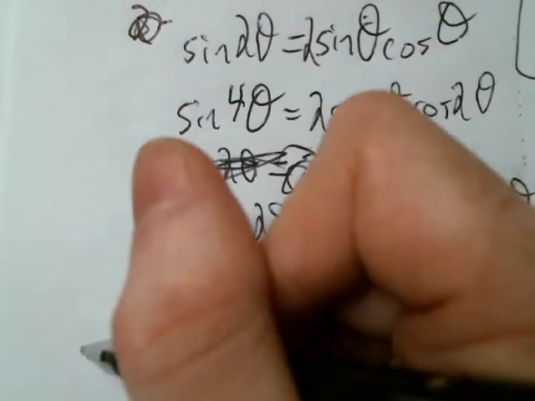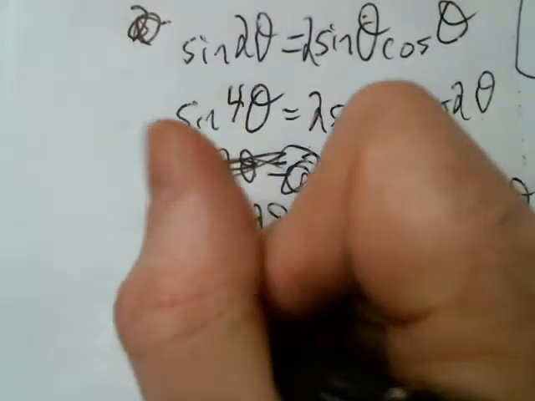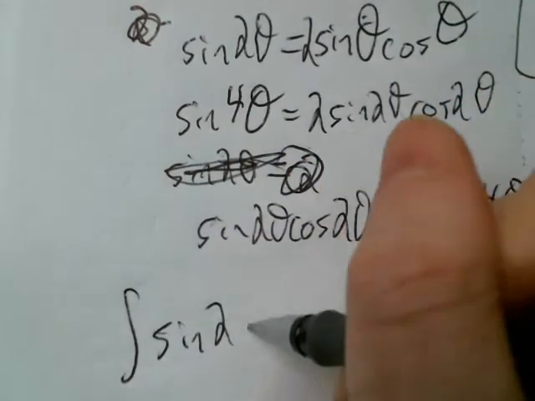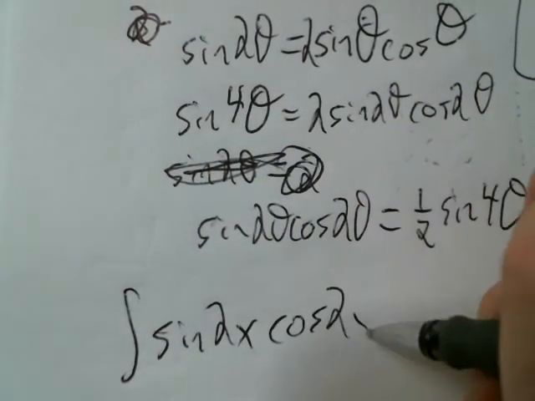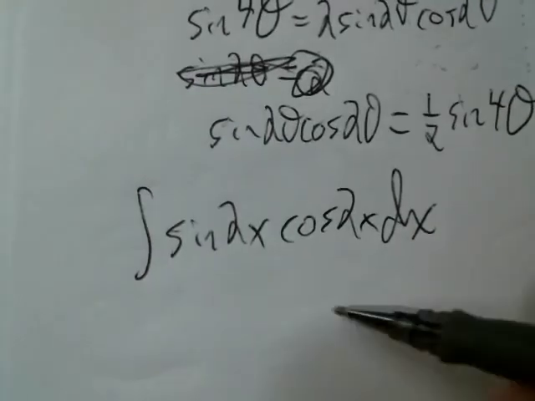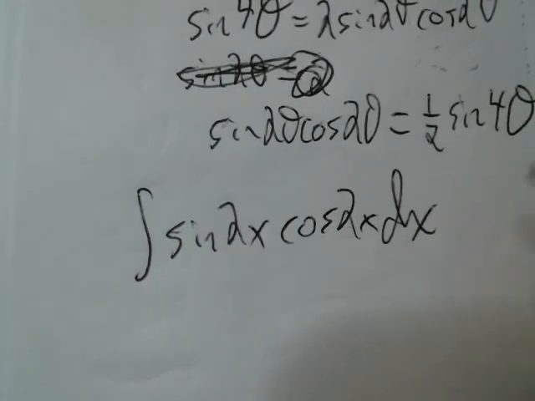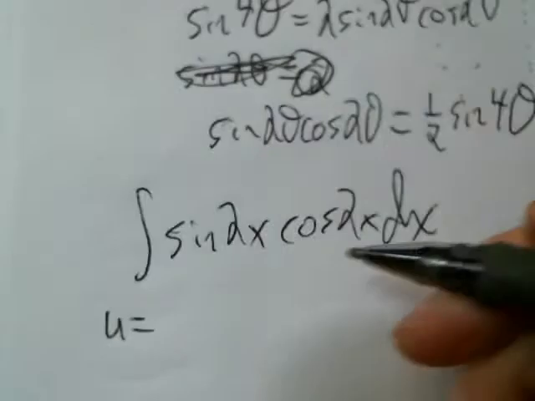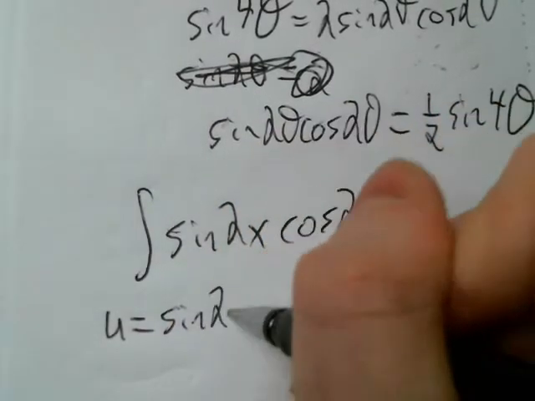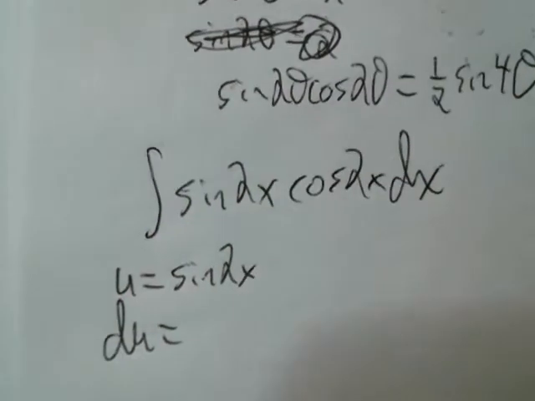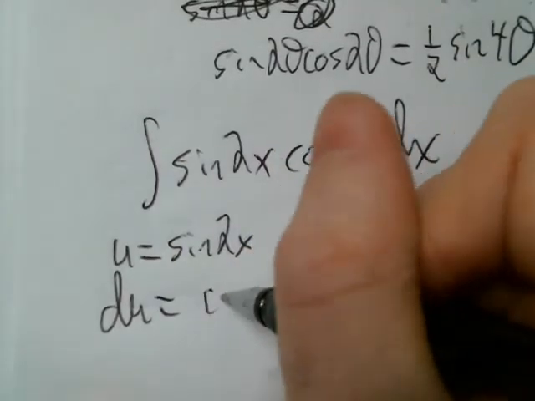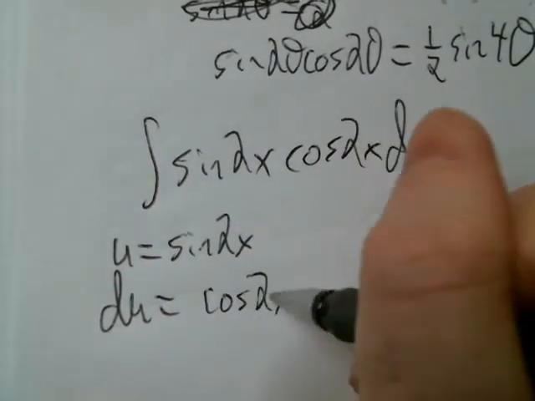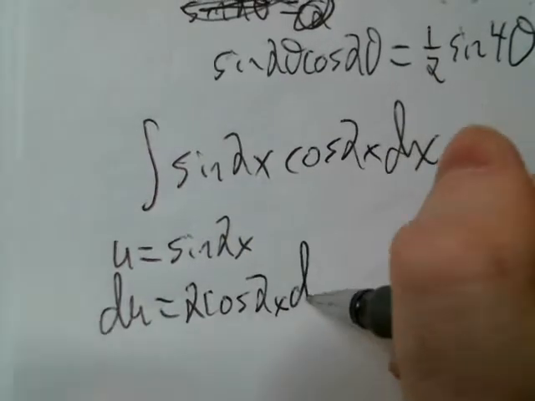Okay, so anyways, let's look at a different way to do it. Let's try the integral of sine 2x cosine 2x dx. A different way to do it would be a u-substitution for either cosine or sine. Let's say u equals sine 2x, and then du equals cosine 2x times the derivative of 2x, which is 2, dx.